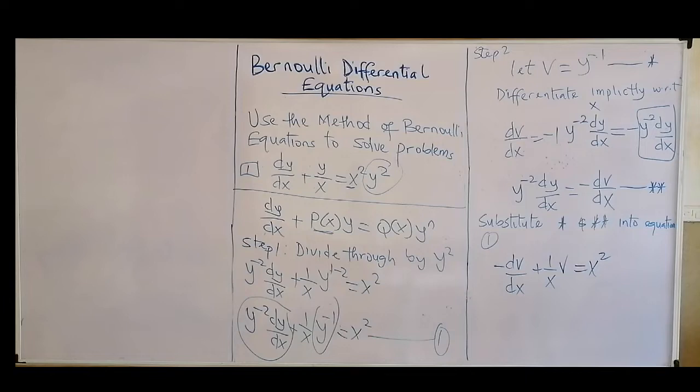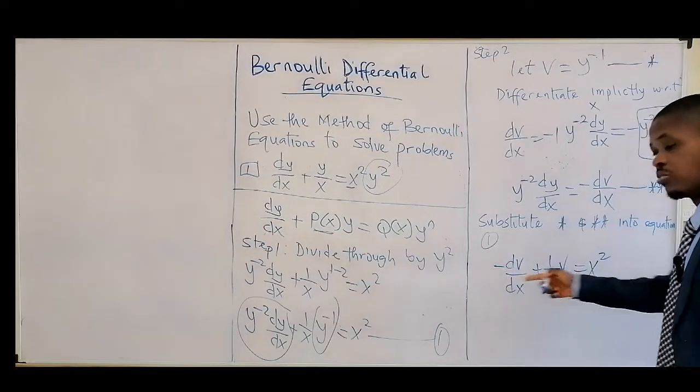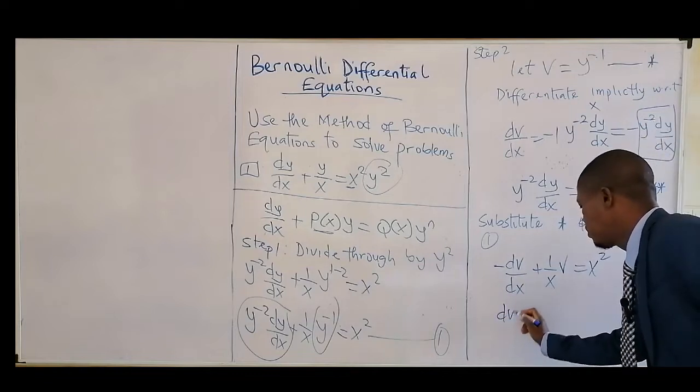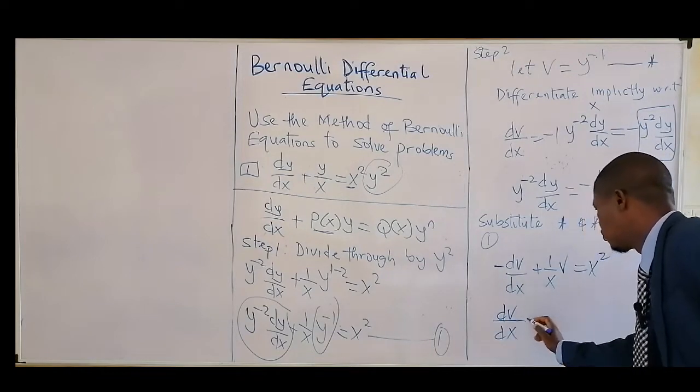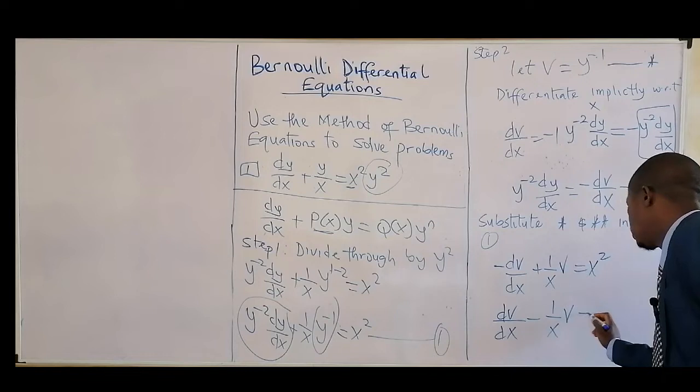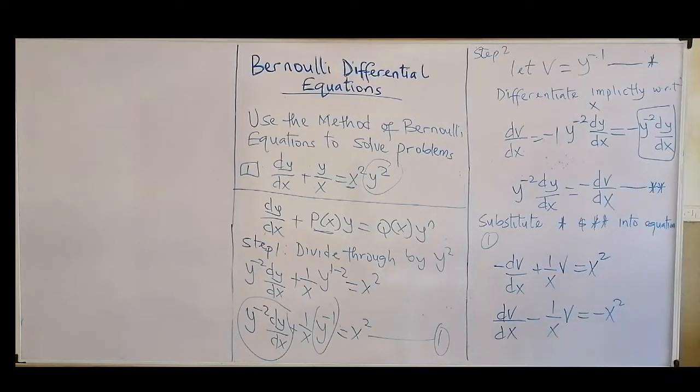Now this minus there, we can remove by multiplying through by minus. So we have dv/dx minus (1/x)v equal to minus x squared. So this is now linear.